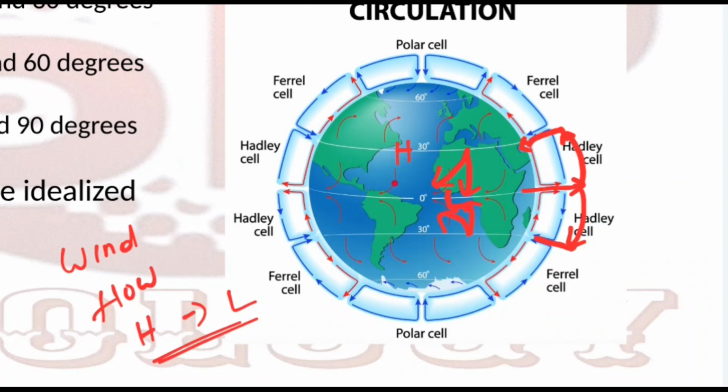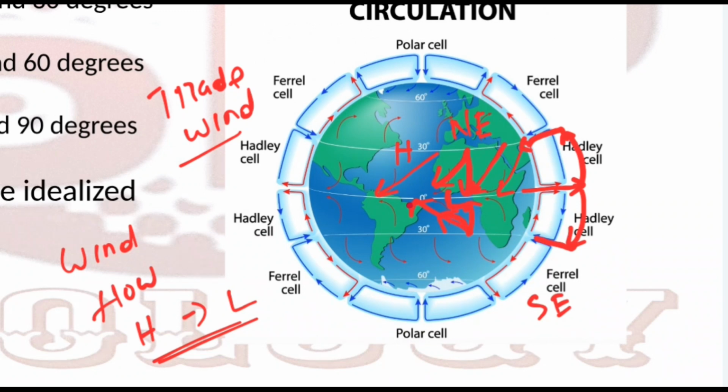That means instead of flowing from the north, it will flow from the northeast in the northern hemisphere, and from the southeast in the southern hemisphere. These are called trade winds: northeast trade wind and southeast trade wind.